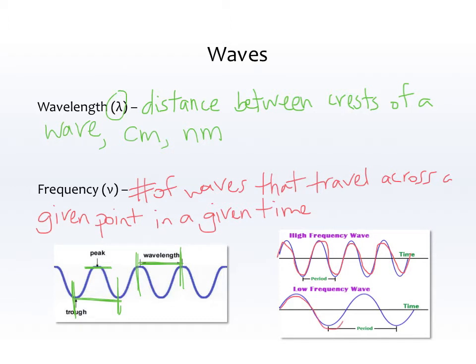And in this low frequency wave, there's only 2 waves that travel across a given point in a given time. So the units of this are going to be per second, as in waves per second, or hertz. And a hertz and a per second are the exact same thing. So a hertz is just how many waves per second.